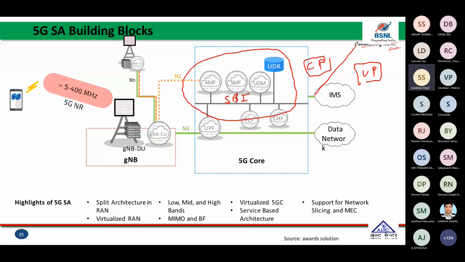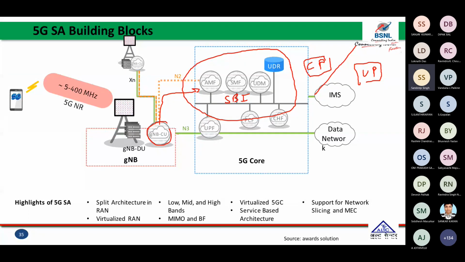N1 is for the control plane between UE and AMF. N2 is between the gNodeB and the AMF. The next reference point interface is N3, between the UPF and gNodeB, and N4 is between UPF and SMF.